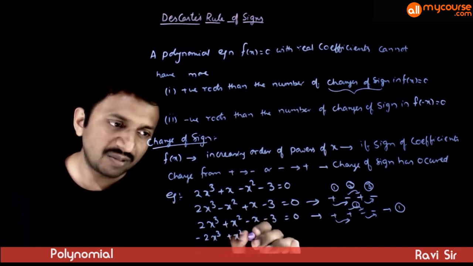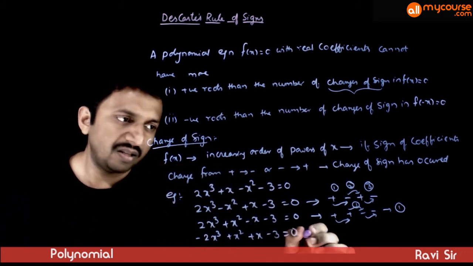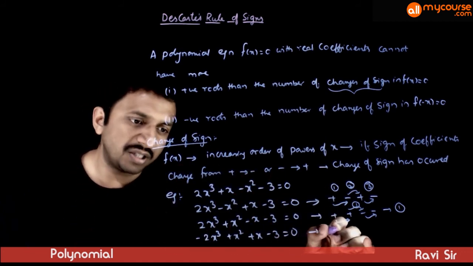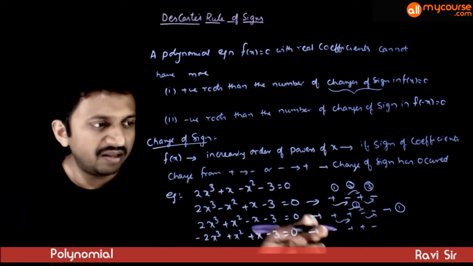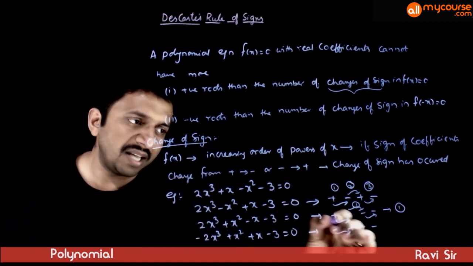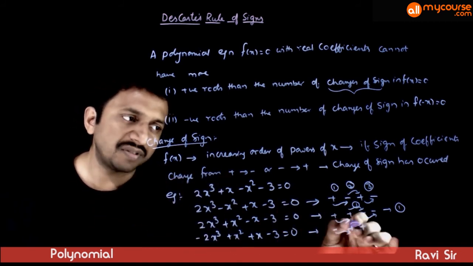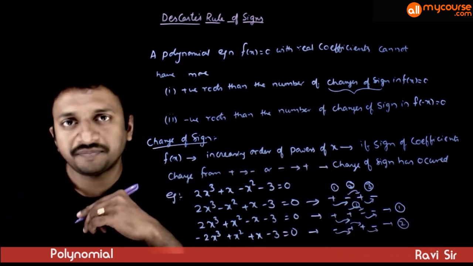Minus of minus x is plus x. Minus 3 is equal to 0. So what are the signs of the coefficients? Minus, plus, plus, minus. So you have one change of sign here, no change of sign, another change of sign. So you have a total of two changes of sign.